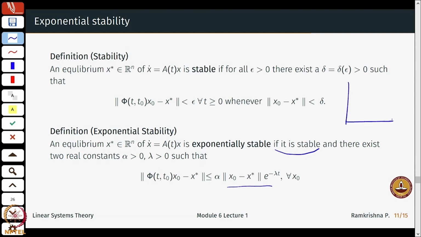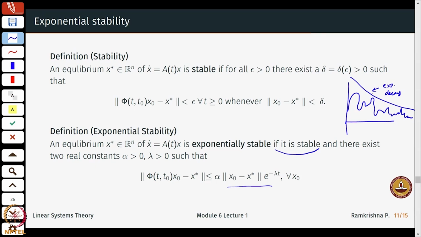Suppose I have a solution which starts from an initial condition, goes like this, and maybe eventually goes to the origin. Exponential stability would mean, can I bound this from above by an exponentially decaying curve? So this is exponential decay. If my solutions are always under an exponential curve, then this is called an exponentially stable system.